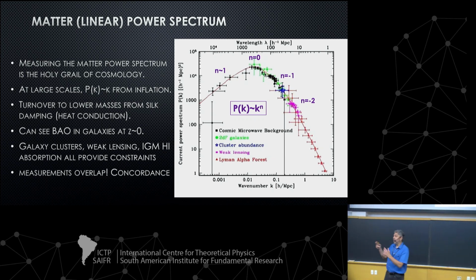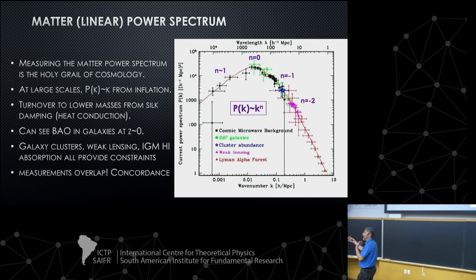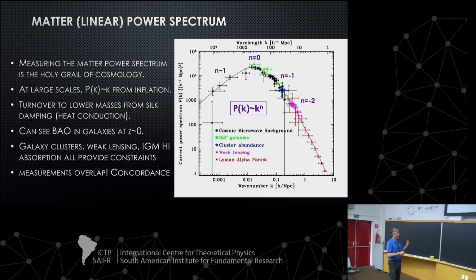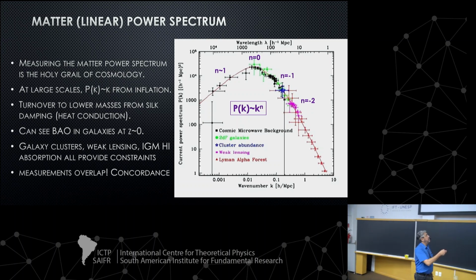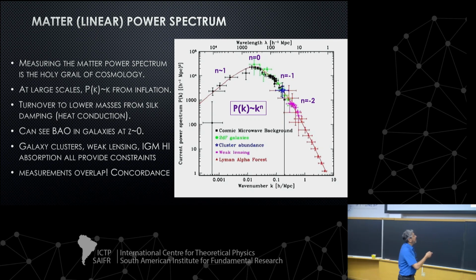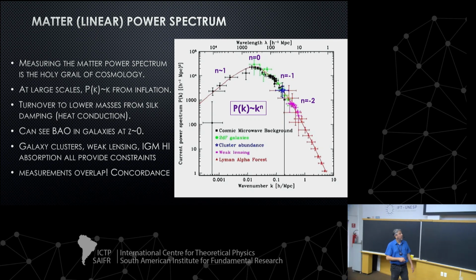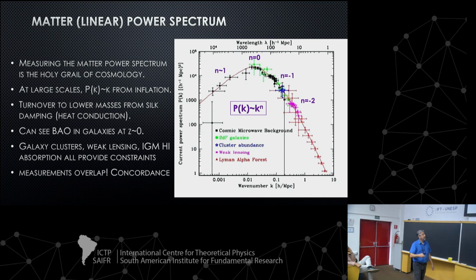You can measure the fluctuations, depending on your particular tracer. We won't go into this too much, but on very large scales, you see the cosmic microwave background. Generally, the power spectrum here goes as k to the n, where n varies along here. So n equals 1 is the Harrison-Zeldovich spectrum, which comes out of inflation, okay?